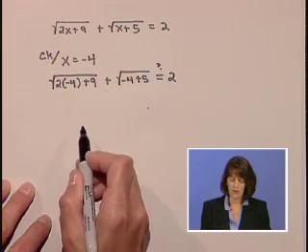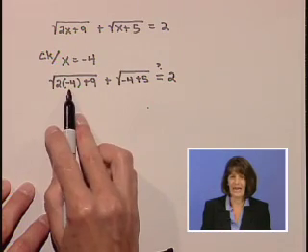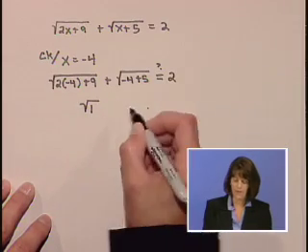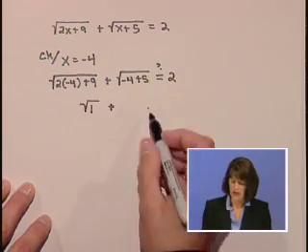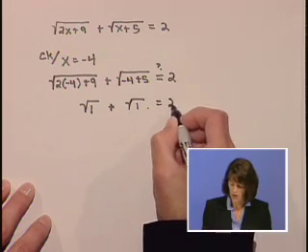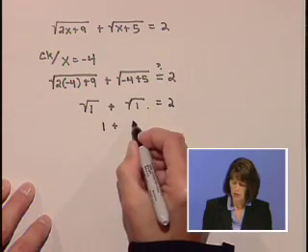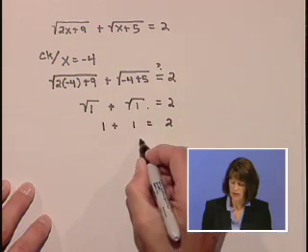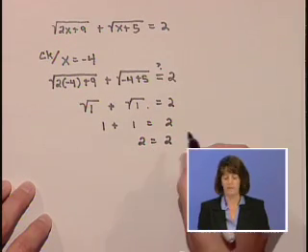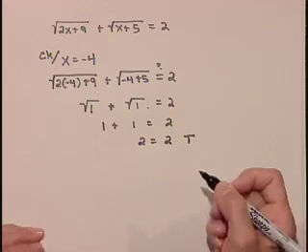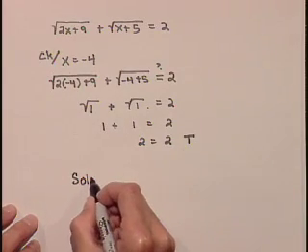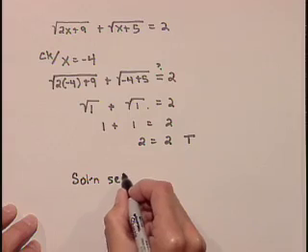Under this first radical, we have a negative 8 plus 9, or 1. Underneath the second one, negative 4 plus 5 is 1 also, producing a 1 plus 1 on the left, and that indeed gives us a true statement. This statement is true, therefore, x equal negative 4 is a solution.